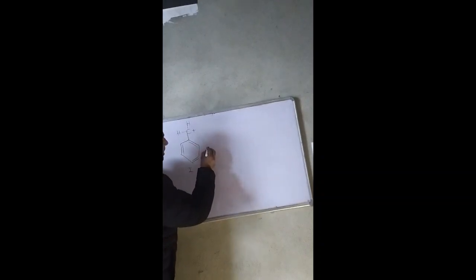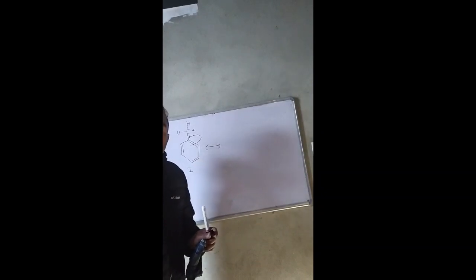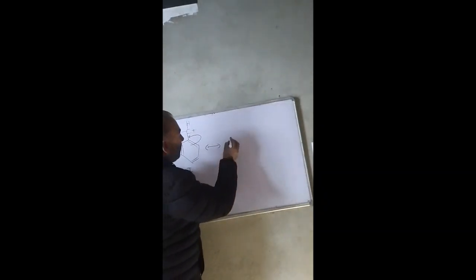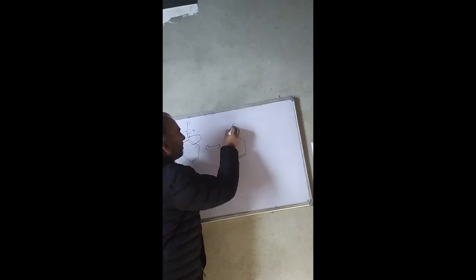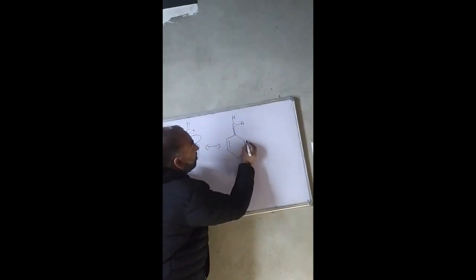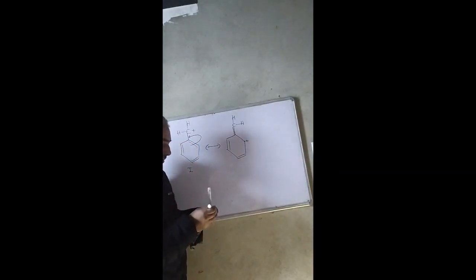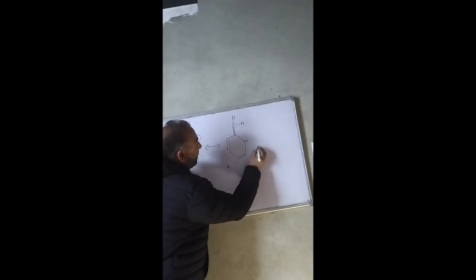First structure; the second structure will be: this pi bond will move out and migrate towards carbon and eliminate the positive charge of carbon. Here we will get a double bond. Carbon will complete its octet. But positive charge will come at this carbon. It is called ortho carbon with respect to the substituent. So this is structure number two.